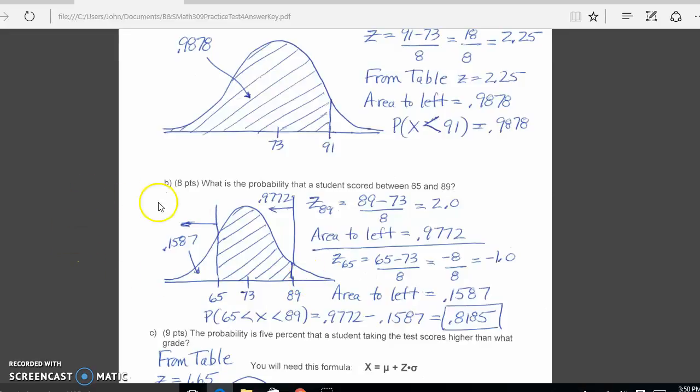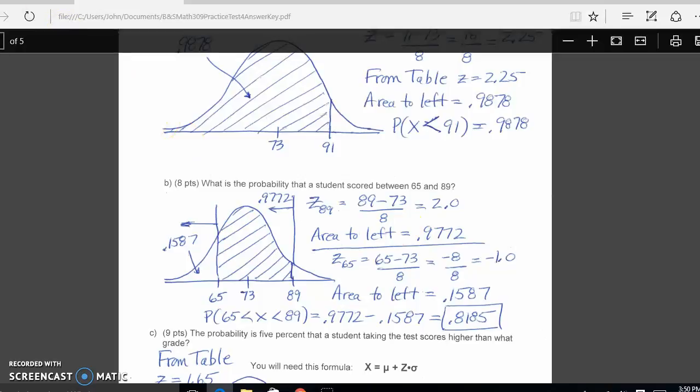So we want to calculate the z-values for both of these scores. First, I have calculated the z-value for 89, and that is the value of x, 89, minus the mean of 73 divided by the standard deviation of 8, which gives me a value of 2.